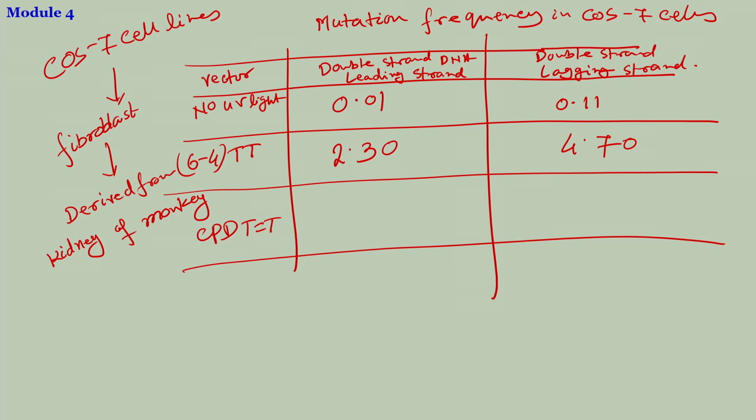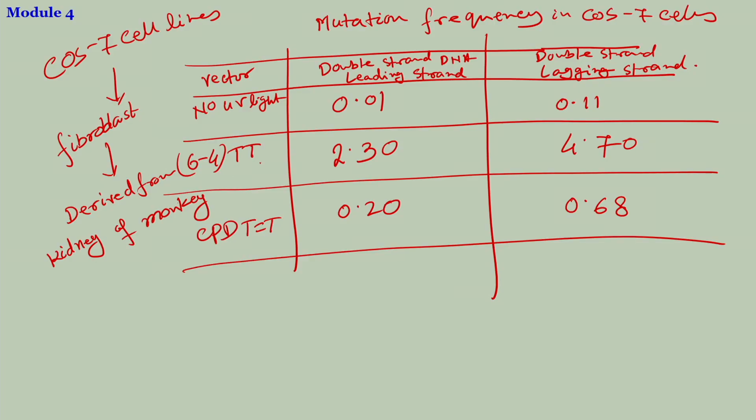thymine, then it is less. Leading strand is 0.2, lagging strand is slightly higher, 0.68, but still quite low. So, CPD lesions are not that mutagenic, although they are formed in major quantity in the DNA when you expose it to UV light.